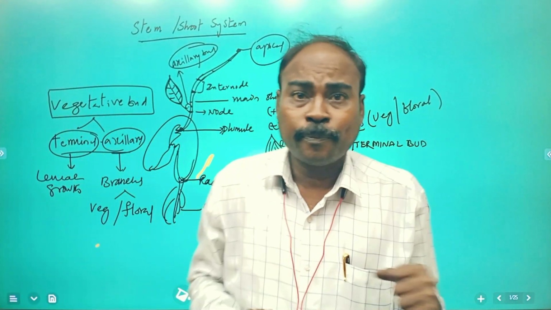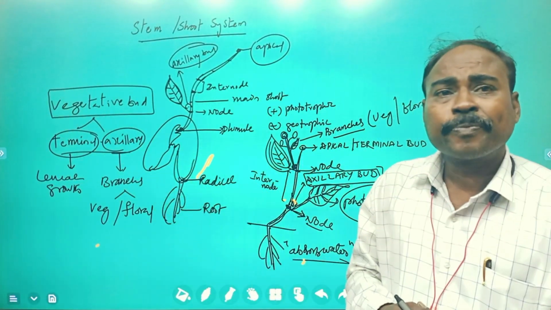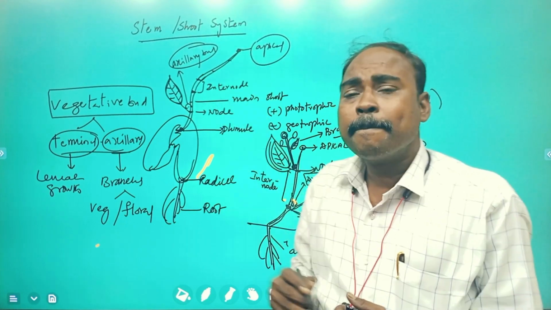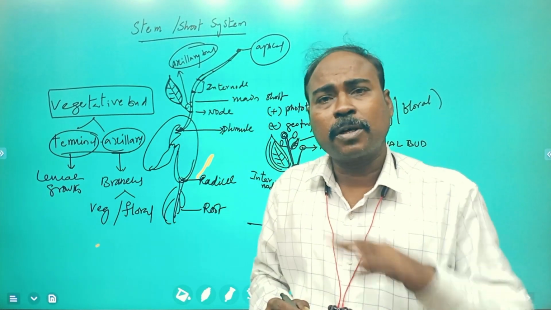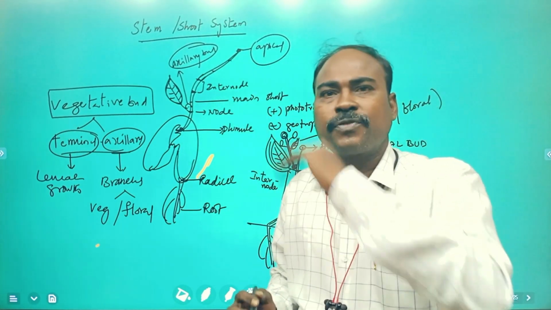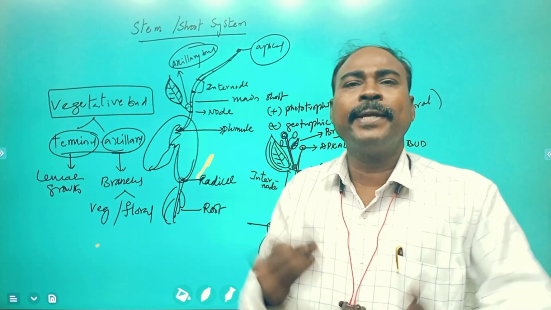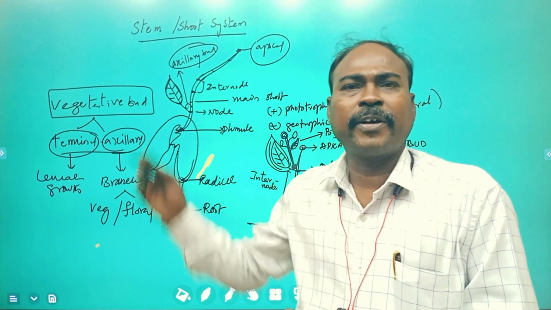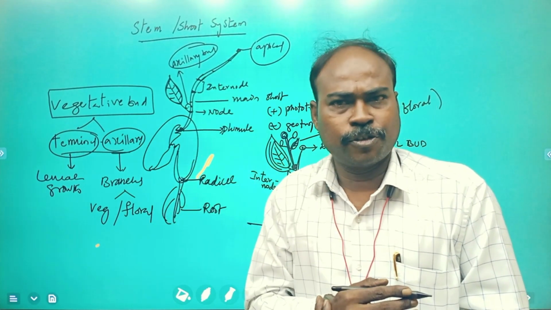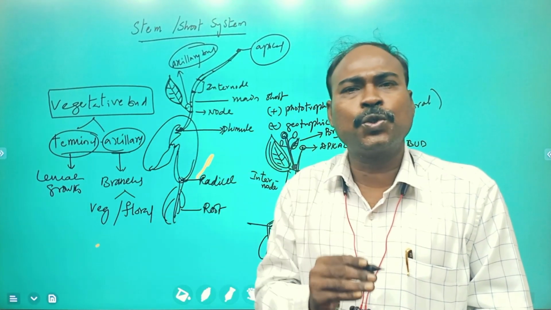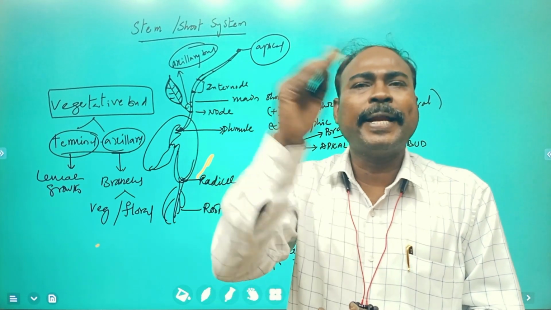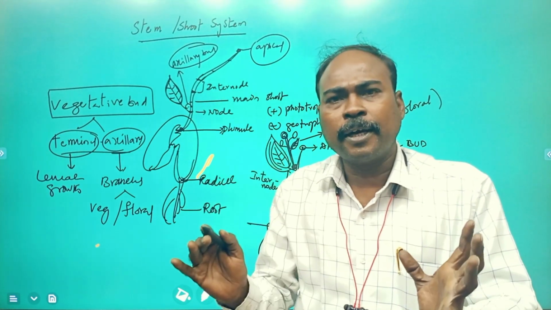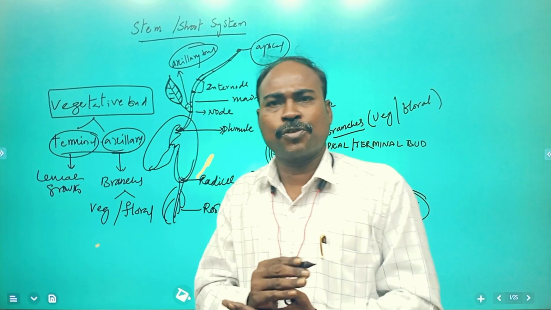Like in roots, in stems also a complete stem or a part of the stem gets modified in its structure to perform variable functions other than the stem functions. Such modified shoots which perform additional functions are called stem modifications.